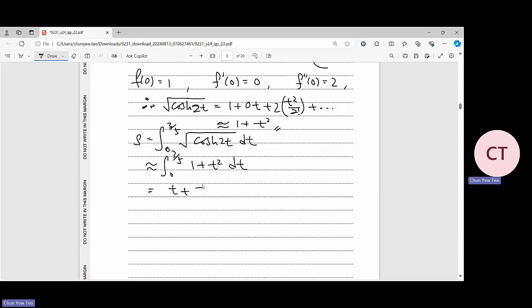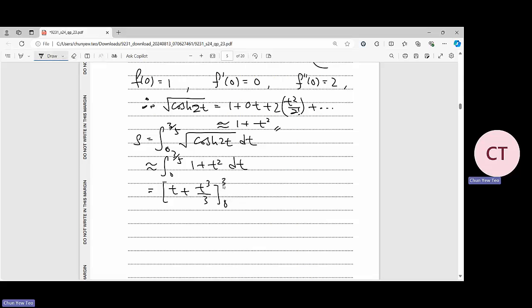Then this one is t plus t cubed over 3. I do not need to use approximation sign anymore. Just use equal sign will do because I already used the approximation sign over here already. So there's no need for me to use the approximation sign anymore.